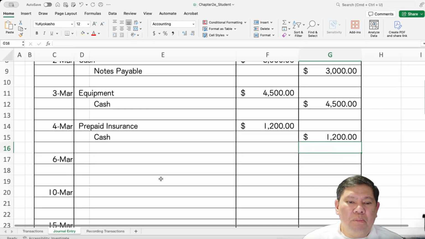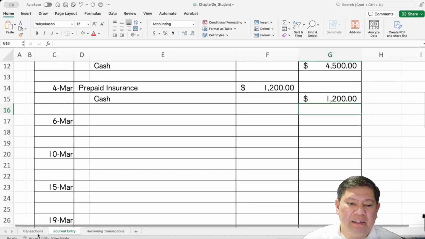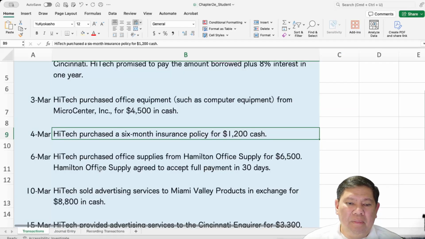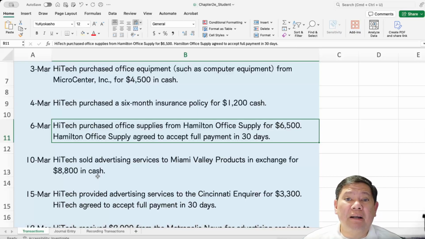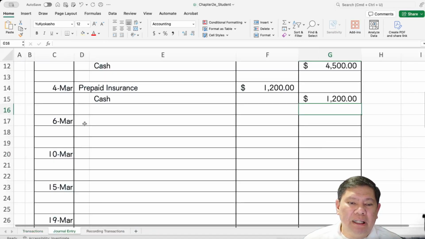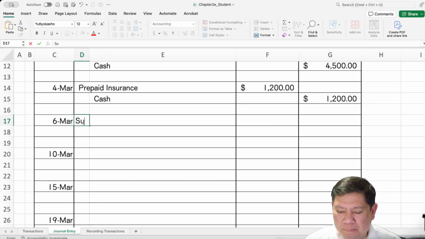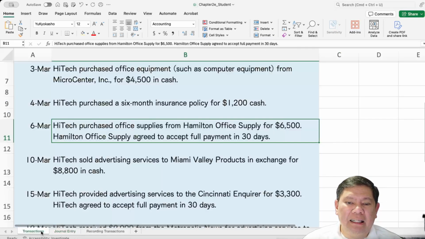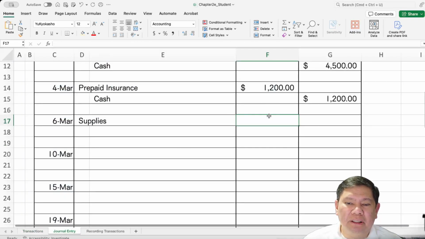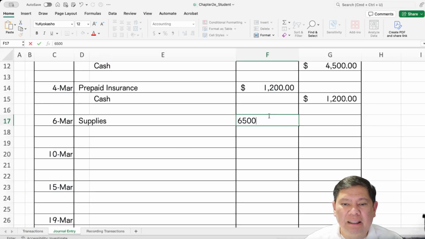On March 6, the company purchased office supplies, $6,500, from a supplier, and the supplier agreed to be paid 30 days later. So the company will have supplies, which is an asset, go up by $6,500.